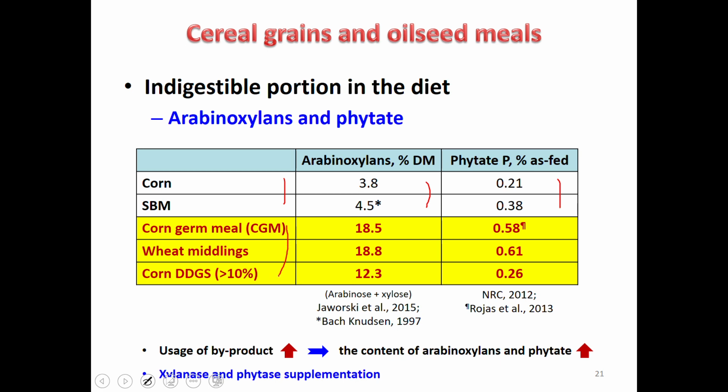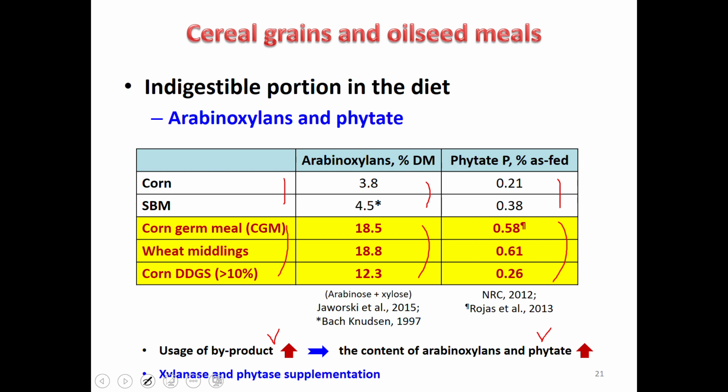But if you use these fibrous byproducts such as corn germ meal, wheat middlings, and corn DDGS, you can find there is more fiber and more phytate, a lot higher level of arabinoxylans and phytate phosphorus in these byproducts. So increased use of these byproducts increases the level of arabinoxylans and phytate in the diet. That means there is more indigestible portion in growing and finishing pig diets.